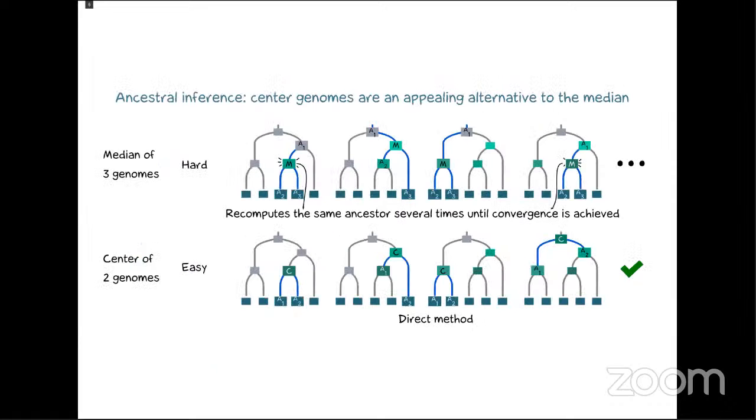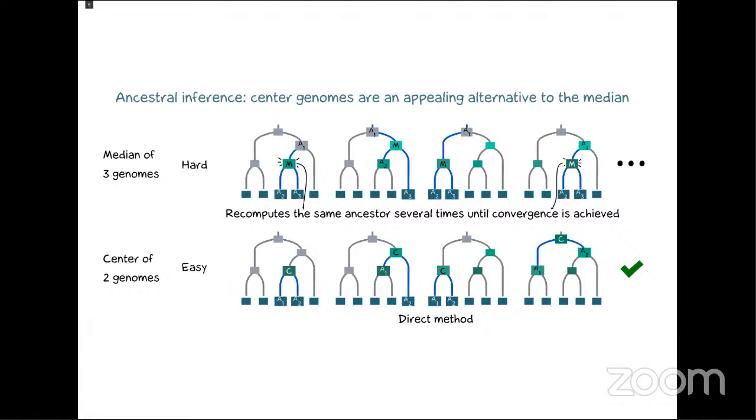All right, so another advantage of using the center of 2 genomes is that if you use the successive median computation to improve the genomes in the tree, you don't know exactly how many steps you're going to take, because you may have to revisit nodes after the neighbors have been updated and so on.